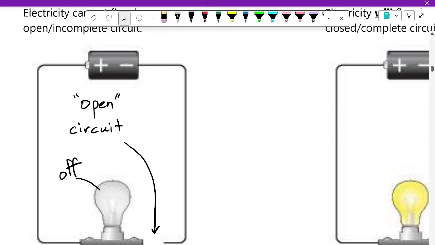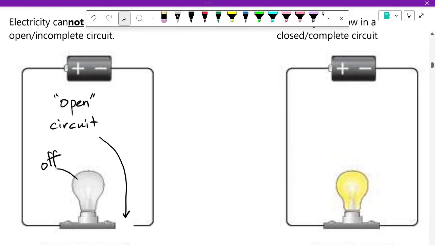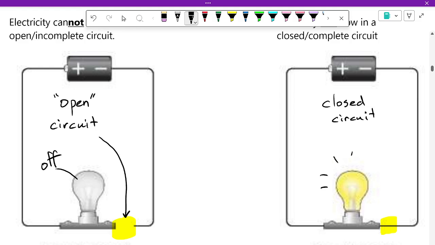But if we were to, say, add a little bit of wire in this little section here, then all of a sudden we have, what do you think we call it? If it's not an open circuit, it's called a closed circuit. And this is now on, because the electrons can flow.